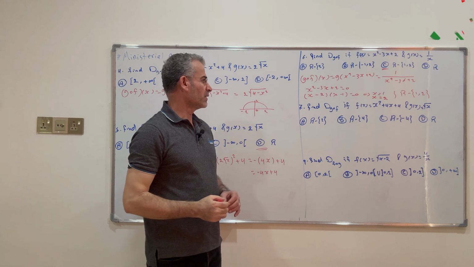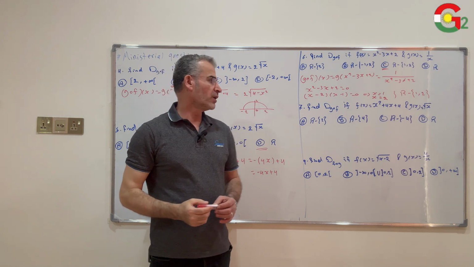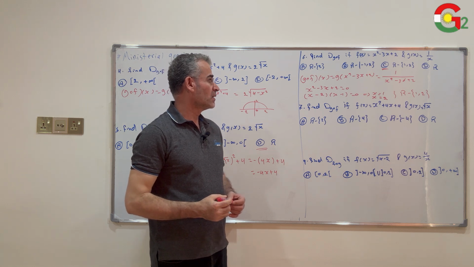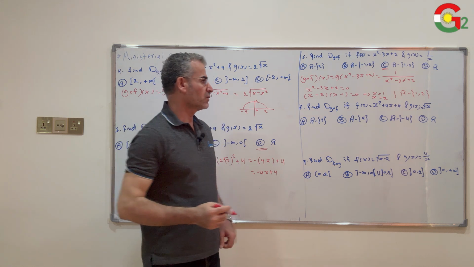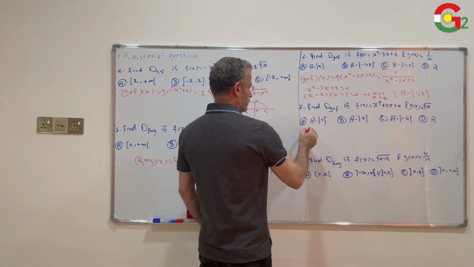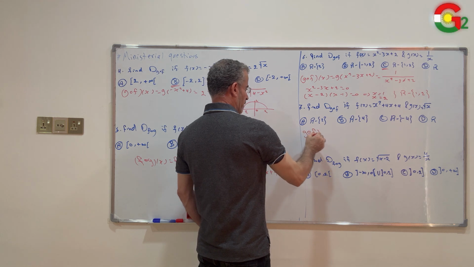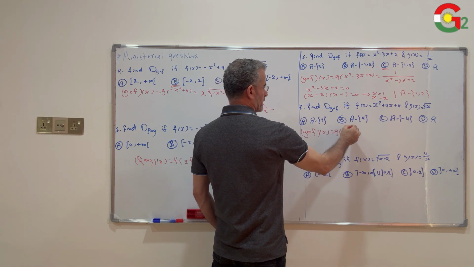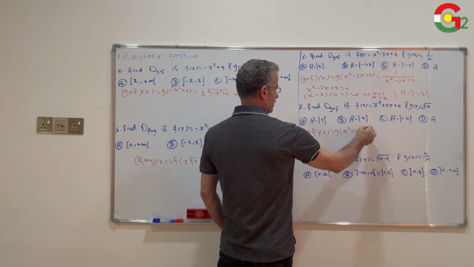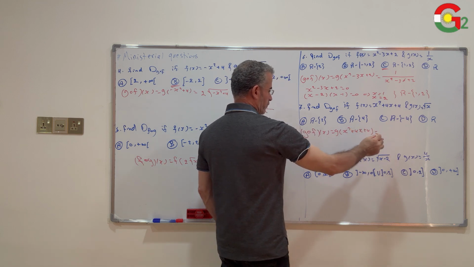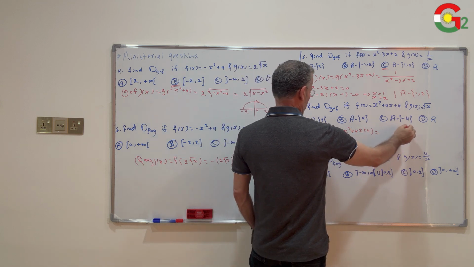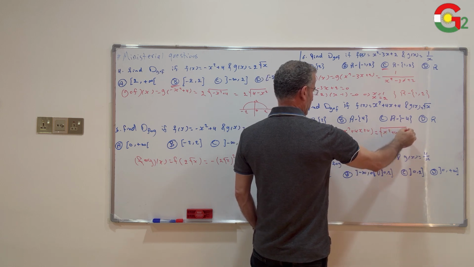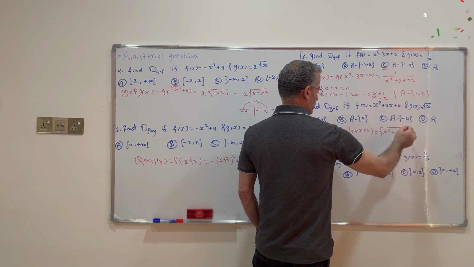Number 7. Find the domain of the function g∘f if f(x) = x² + 4x + 4 and g(x) = √x. g(f(x)) = g(x² + 4x + 4) = √(x² + 4x + 4).